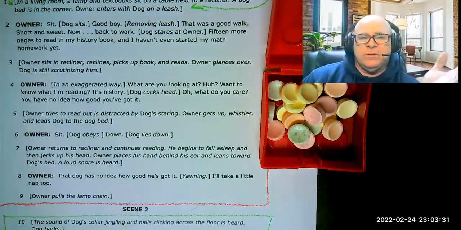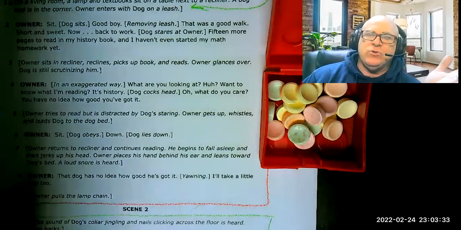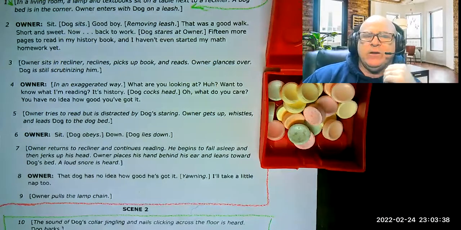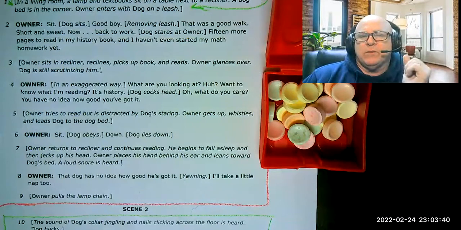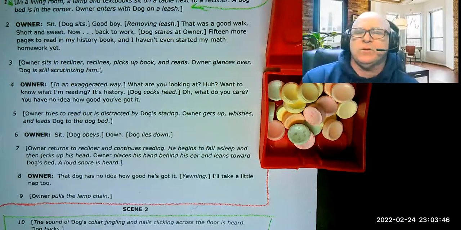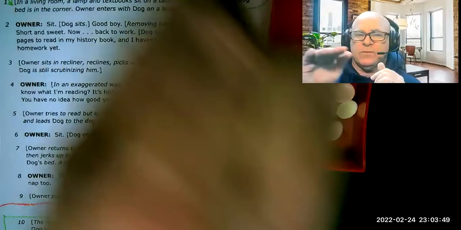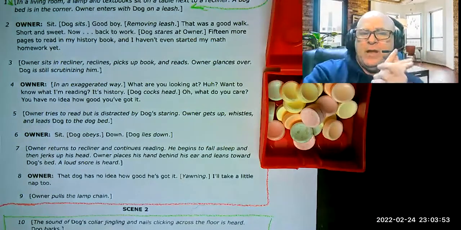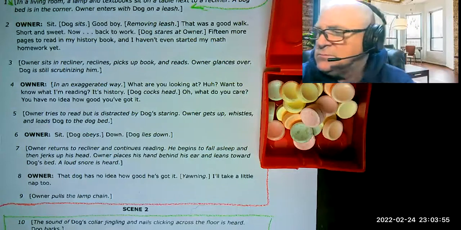So the kid who's playing the role of the dog will sit down, hopefully like a dog would. Action. Down. Of course. Stage directions: dog lies down. Action. Dog gets down.